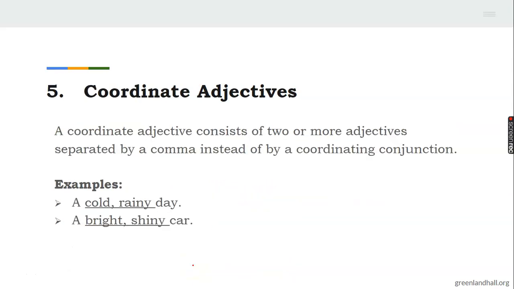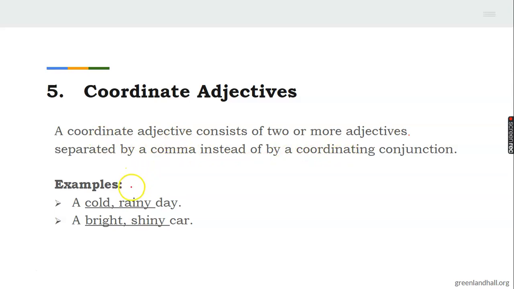Let's look at the next one. Coordinate adjectives. A coordinate adjective consists of two or more adjectives. Get it right. A coordinate adjective consists of two or more adjectives separated by a comma instead of a coordinating conjunction.